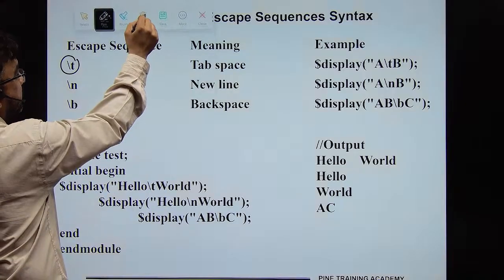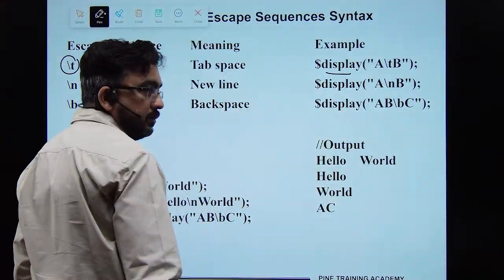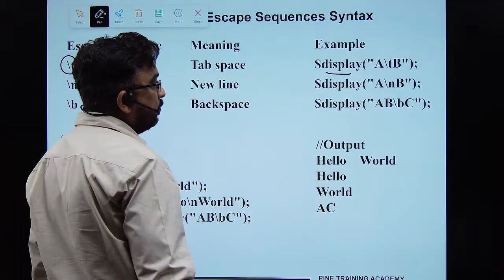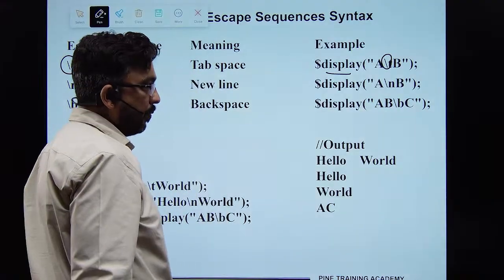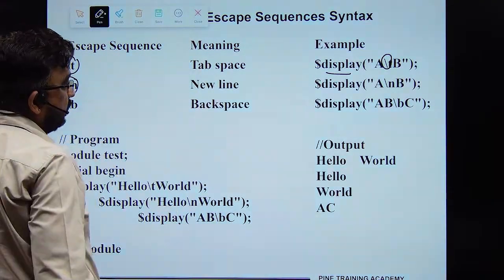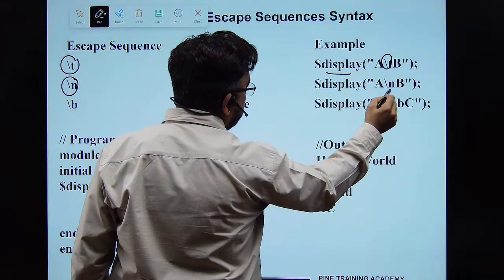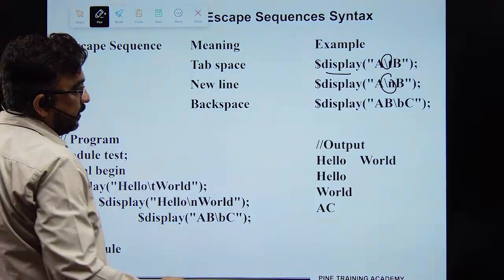This is basically your compiler directive, used for displaying the output. Here \t means tab. Then the second one is \n, new line. This is used for a new line, and this is used for the backspace.